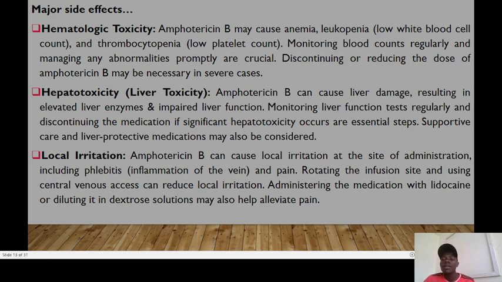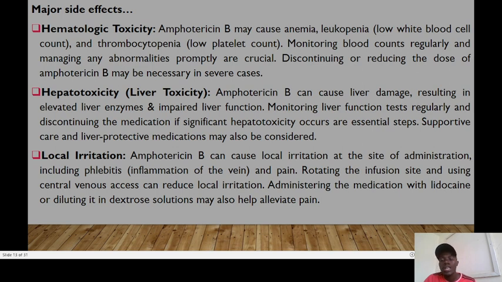We could also have decreased production of the ADEK vitamins, vitamins A, D, E, and K, and reduced production of proteins like albumins and globulins, which could contribute to impaired liver function. So the nurse needs to monitor liver function tests regularly and discontinue the drug if significant hepatotoxicity occurs as you care for that patient. Supportive care and liver protective medication may also be considered.